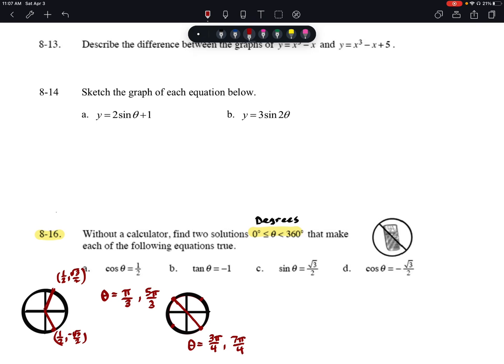Letter C. The sine of theta is equal to radical 3/2. So just kind of give ourselves a visual in case anybody's struggling. So the sine of theta is radical 3/2. That means we're talking about the y coordinates up here and up here. So we've got that angle and that angle to look at.